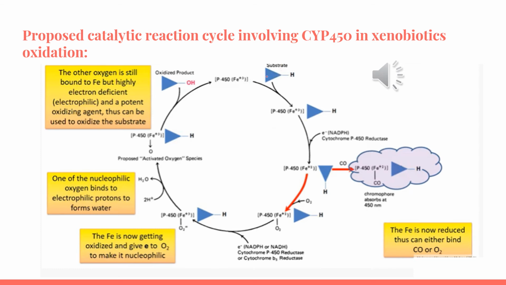Then after that reduction, P450 reductase will reduce the molecular oxygen to form an activated oxygen P450 drug complex. Step 4, activated oxygen is transferred to the drug to form an oxidized product. And step 5 is when 1 molecule of water is produced.